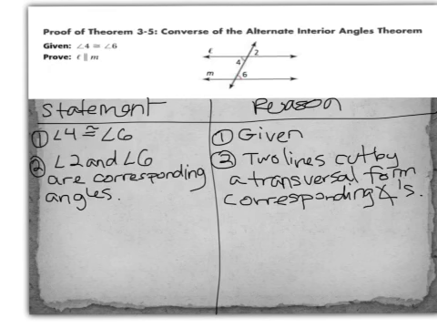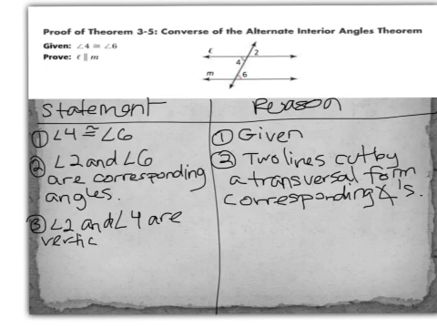Well, we also know that angle 2 and angle 4 are vertical angles because intersecting lines form vertical angles.